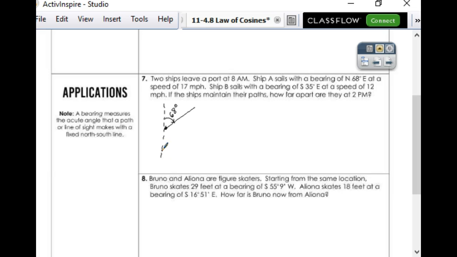So which way does it go? This way. So this is 35. And I want to know how far apart are they. This is what we're looking for. So if I know this is a straight line, 180 means this is 77.